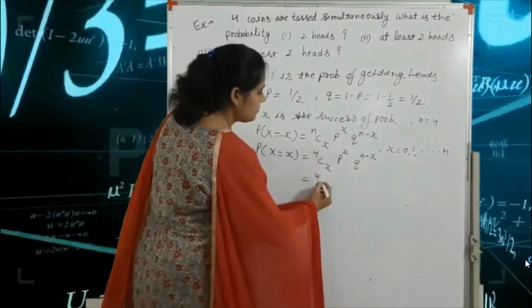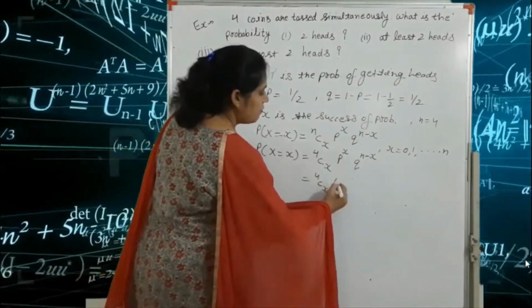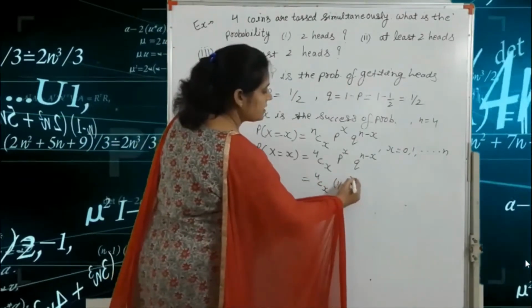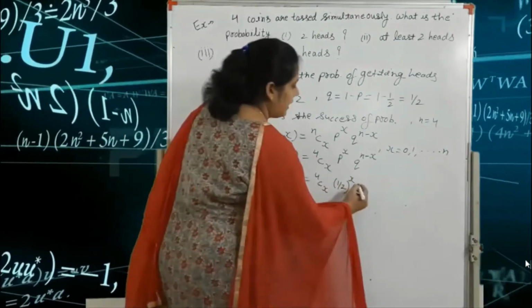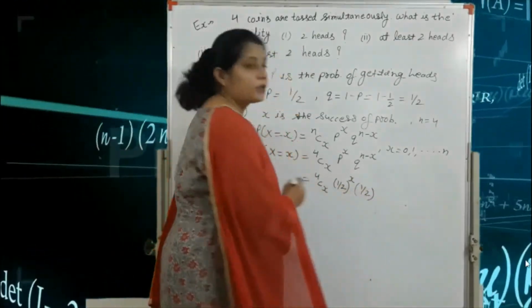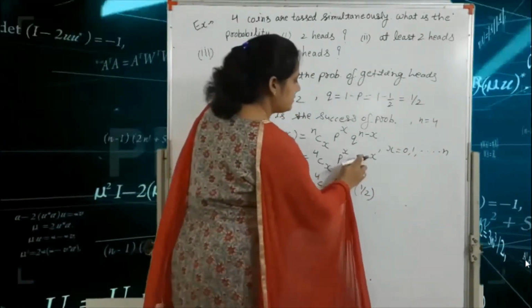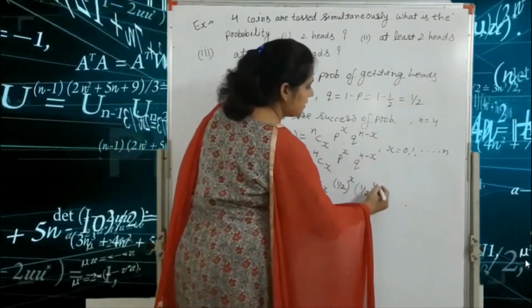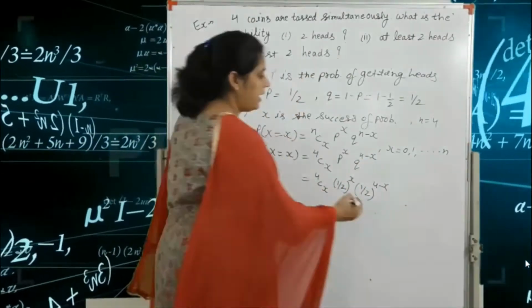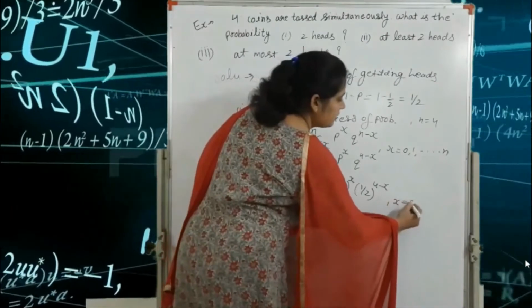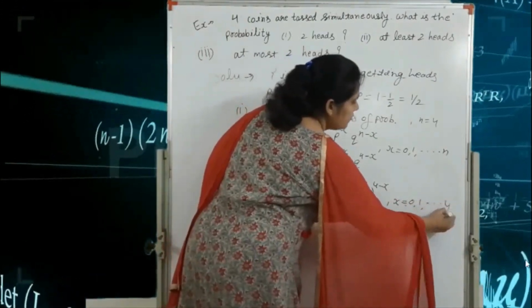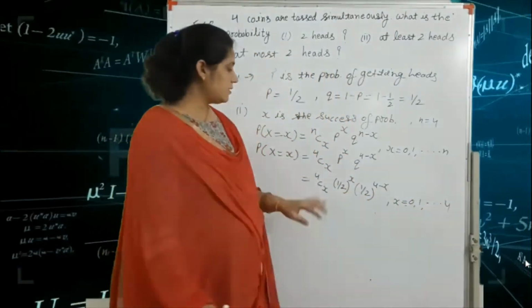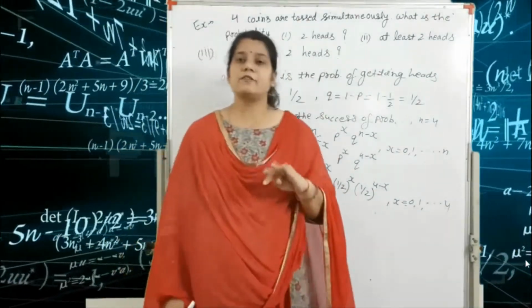So 4Cx (1 by 2) whole raised to the power x and (1 by 2) whole raised to the power 4 minus x. Okay, and the value of x is 0, 1 up to 4, because here the number of trials n is equal to 4.